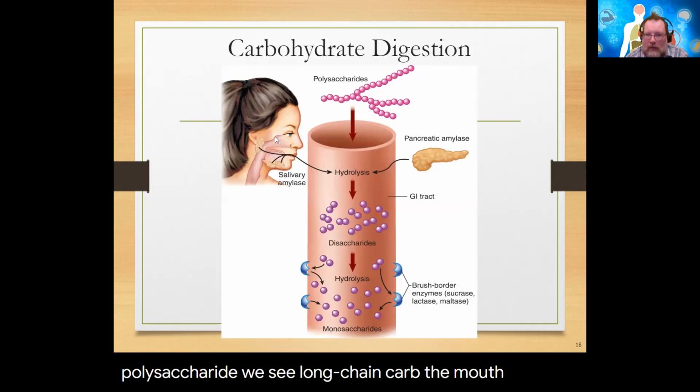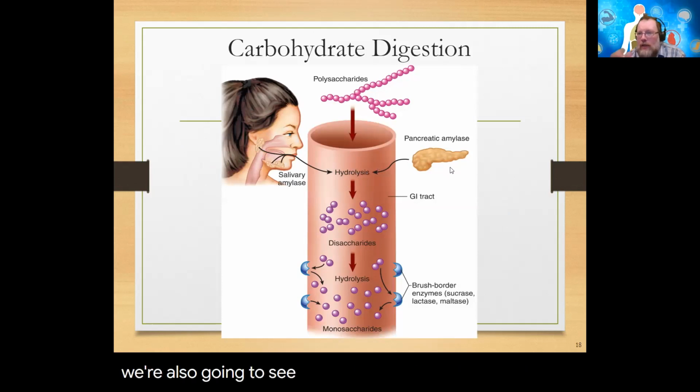The mouth is where carbohydrate digestion begins. So we're going to release salivary amylase, and we're going to get hydrolysis to occur. We're also going to see carbohydrate digestion continue in the duodenum, the first section of small intestine, where we're going to release pancreatic amylase as well.